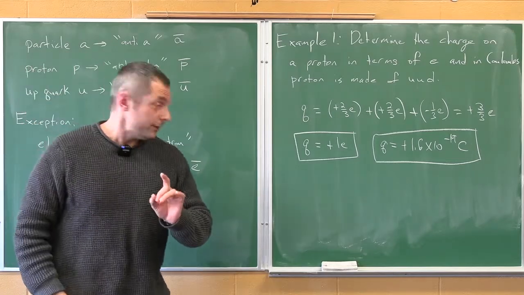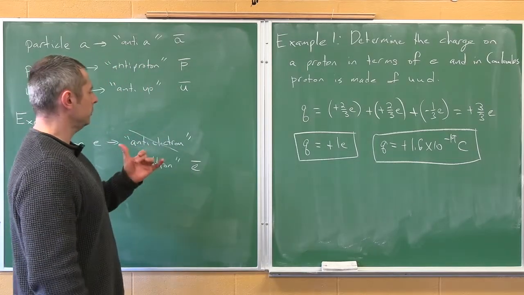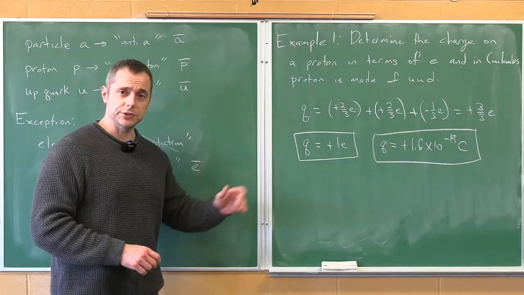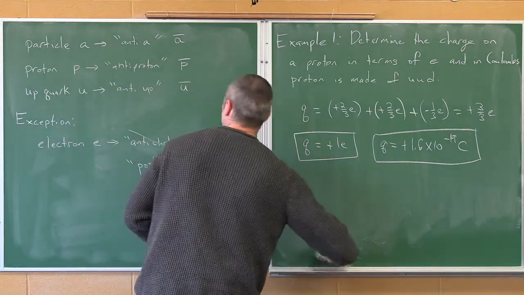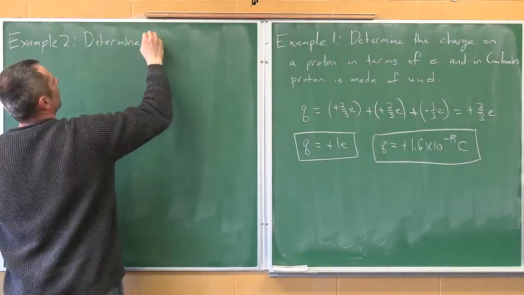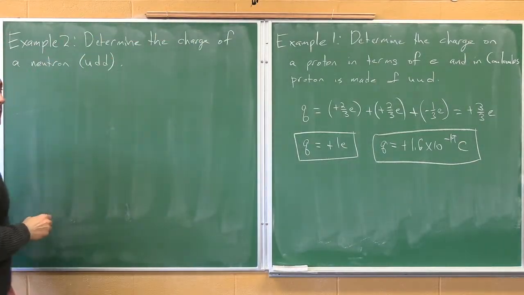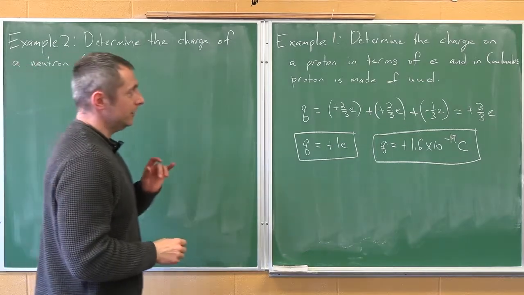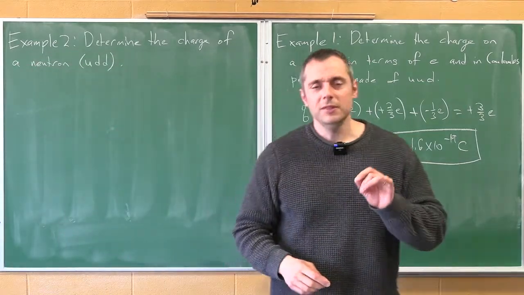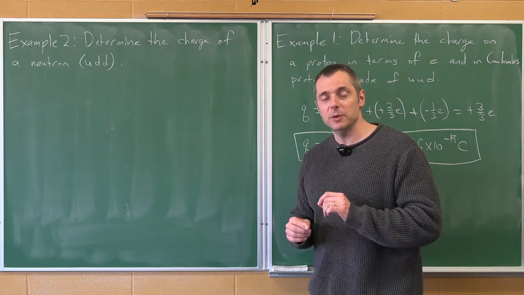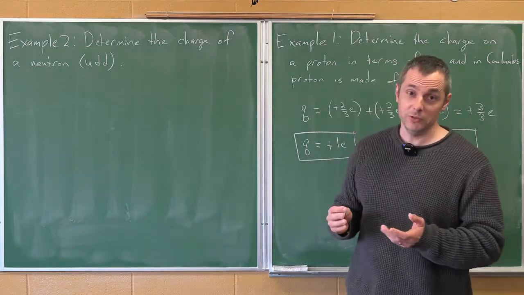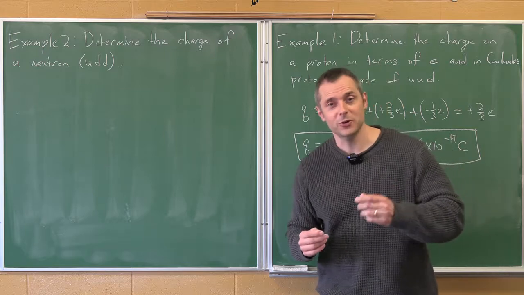All right, let's do another example. Let me pause to give you a chance to copy this down. So here's the example. Determine the charge on a neutron if its quark arrangement is up, down, down. Again, we know the answer: it's 0. It's a neutron, right?